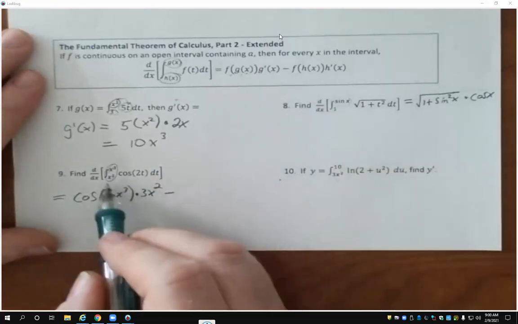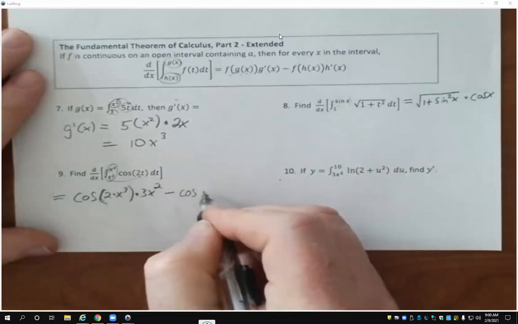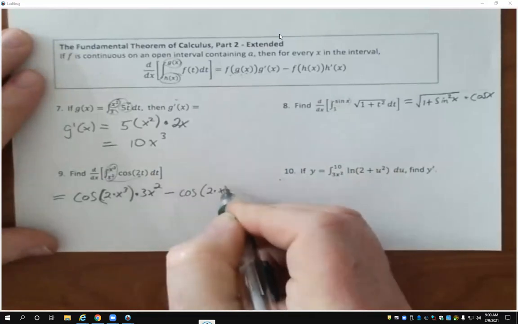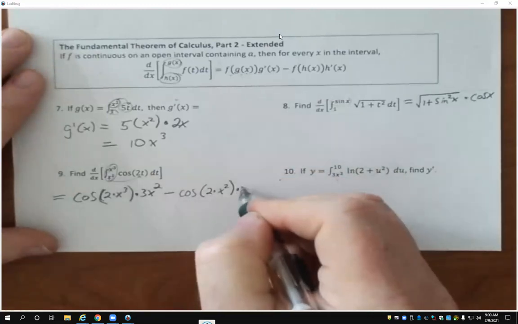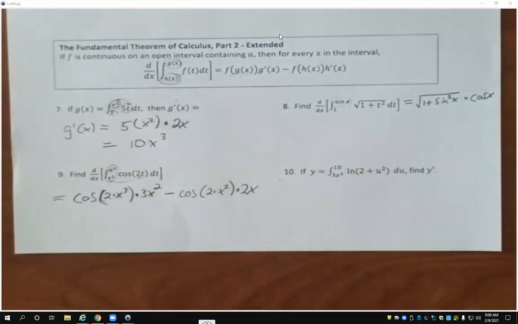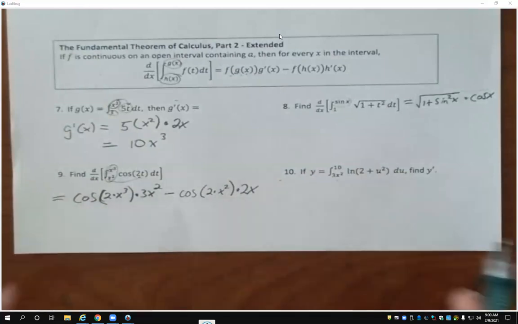minus, now we're going to do f of h of x. So we're going to plug h of x into here and get the cosine of 2 times x squared. Chain rule, the derivative of x squared is 2x. Okay, now I can't combine these. These are not like terms, okay?